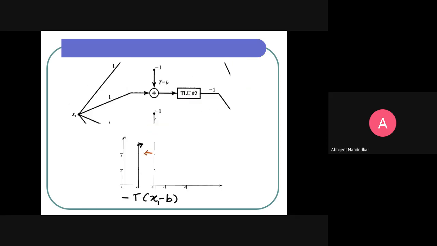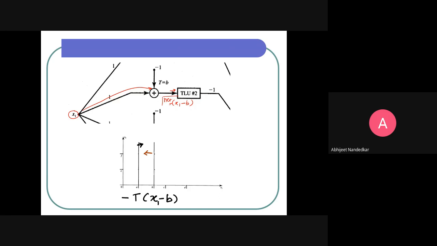Then I take neuron number 2. Say this is my input going to neuron number 2. What is implemented here? The net coming over here is x1 compared with b, so the net coming to this neuron is x1 minus b.